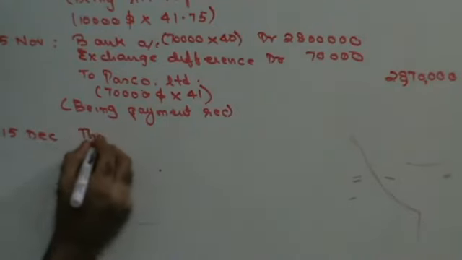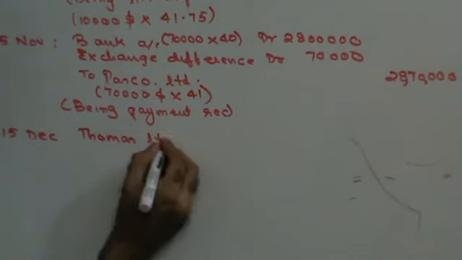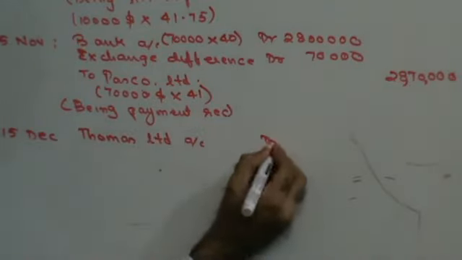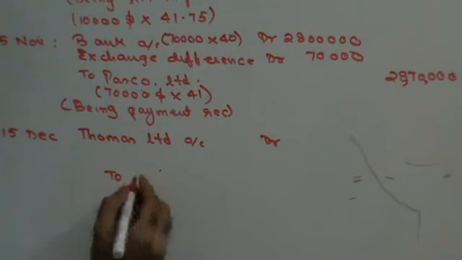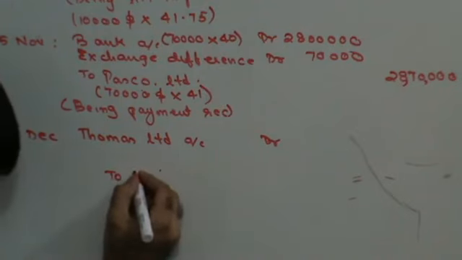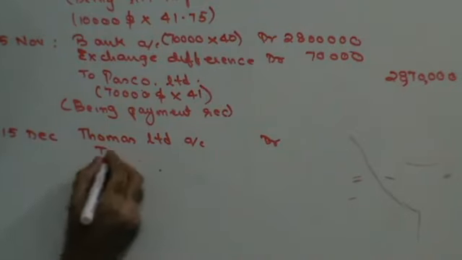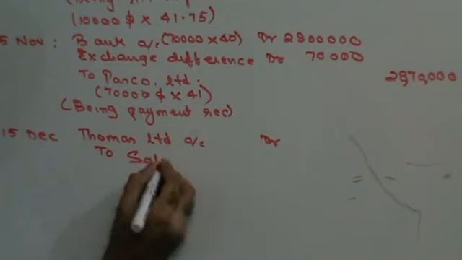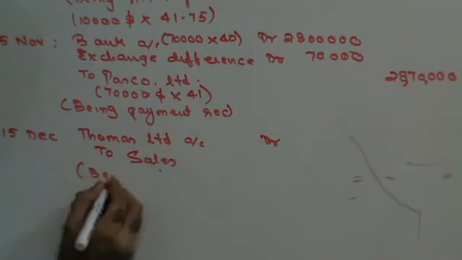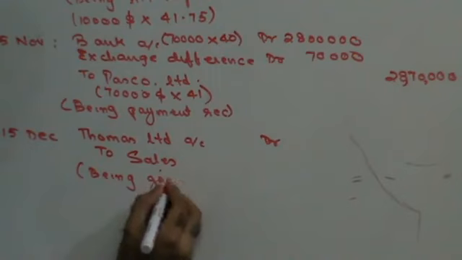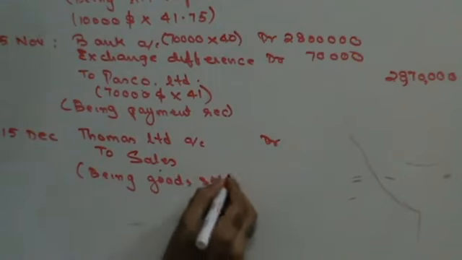Debit the receiver. Thomas Limited account debit to sales, being goods sold.